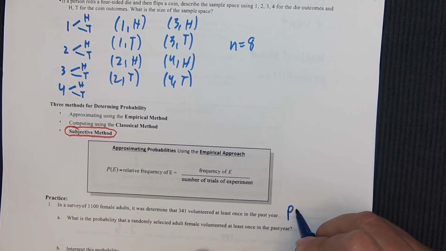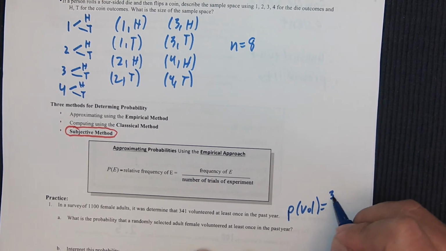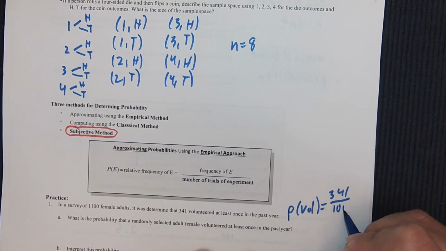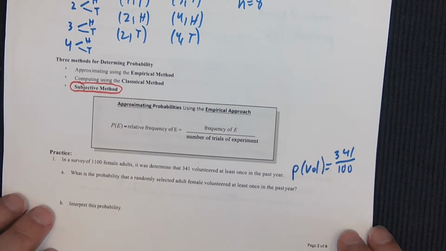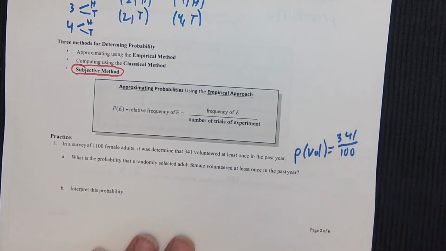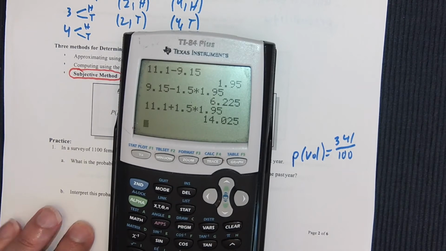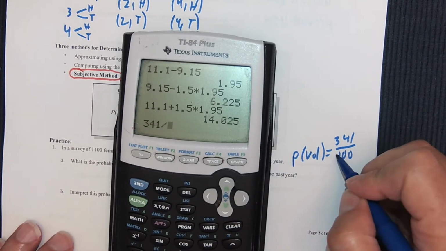So the probability of volunteering is 341 over 1100. Meaning of these women, if we randomly selected one, what's the probability that we selected one that volunteered within the last year? It's going to be whatever that is. We can even get a decimal approximation for that. 0.31, yep, 1100.